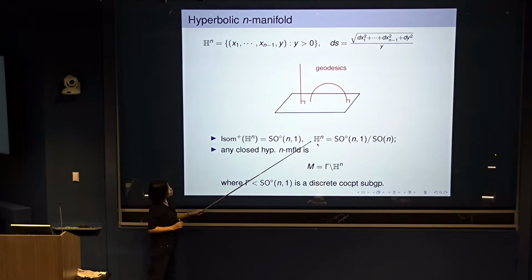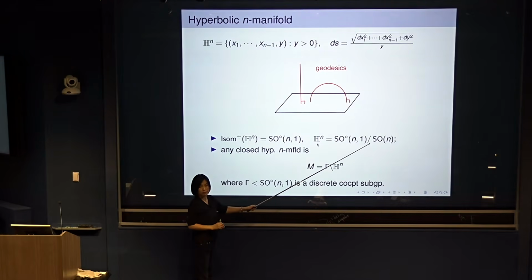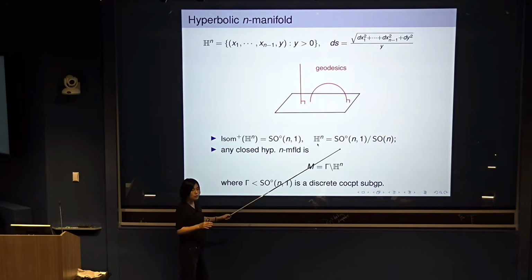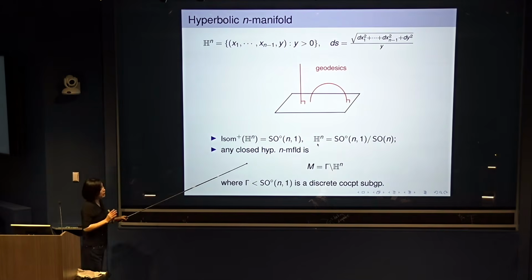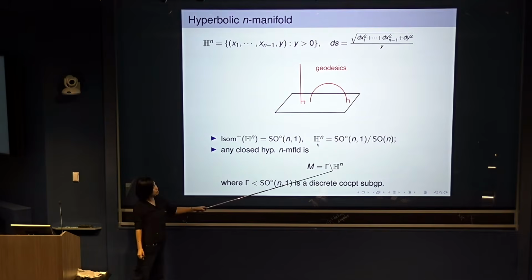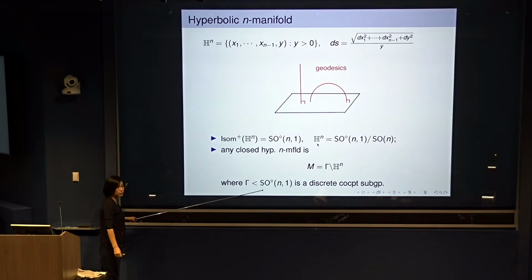And Hn, the hyperbolic space, is the quotient of its isometry group by the compact group SOn. We think of the compact group as small, so it's almost the same as its isometries. And any closed hyperbolic n-manifold, you can think of this as a definition, is the quotient of Hn by a discrete cocompact subgroup of the isometry group of Hn. So this is what a closed hyperbolic n-manifold is.